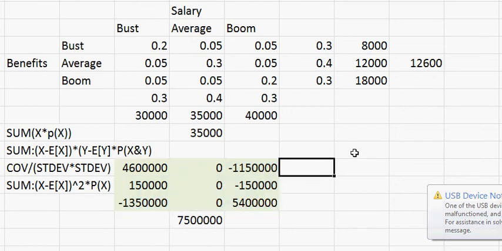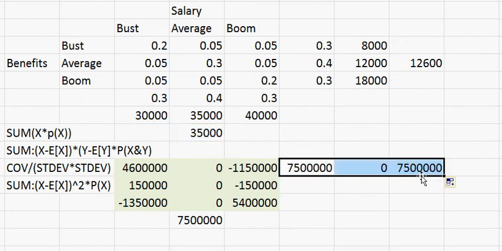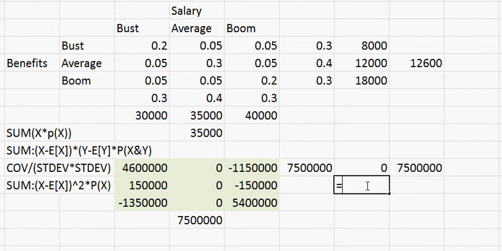And now we'll want to do our variance of X calculation, which is equal to X minus expected X, the quantity squared, times the probability of that X. We want to lock that in. And then add those.